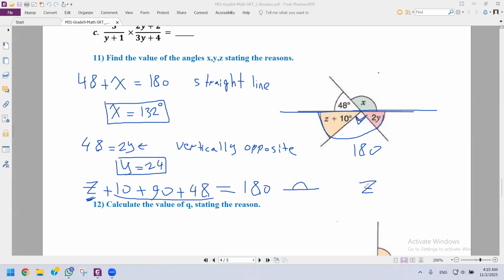So z is equal to 180 minus 148. So it's 32. So like this, we explain the reasons and we found the value of x, y, and z.